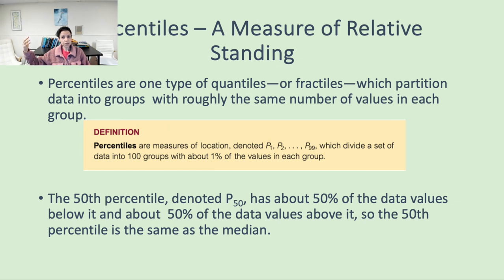So if a data point is in the 99th percentile, it means that 99% of the values are less than that particular value, and only 1% of the data was greater than that value. The 50th percentile, denoted P50, has about 50% of the data points below it and 50% above it.